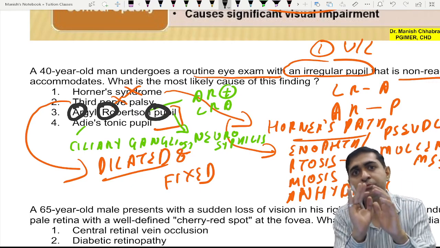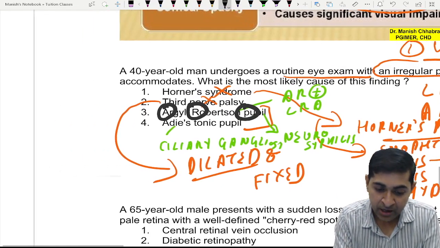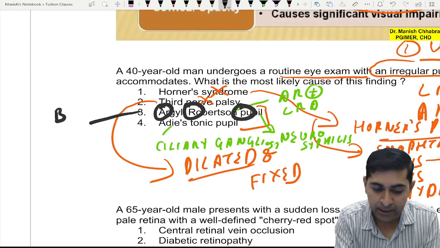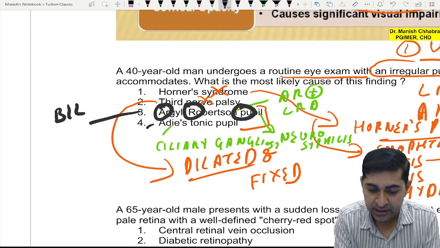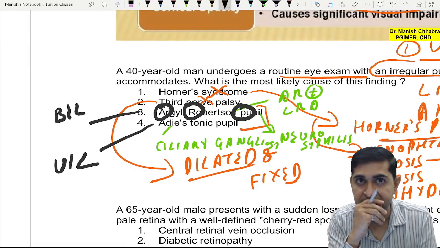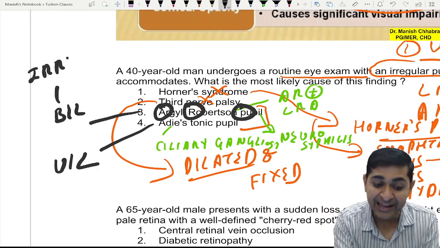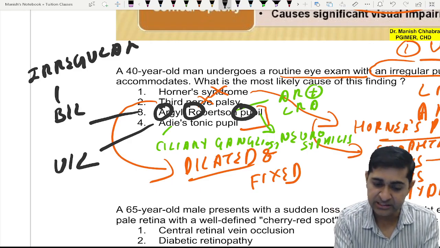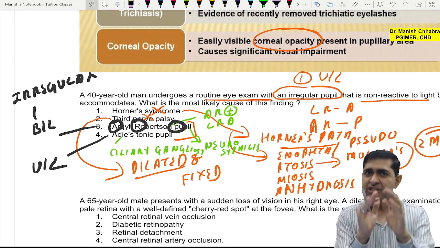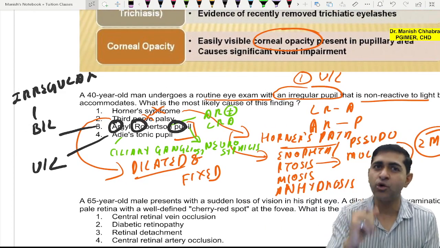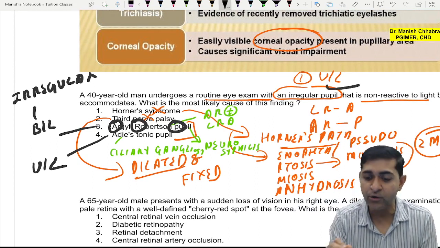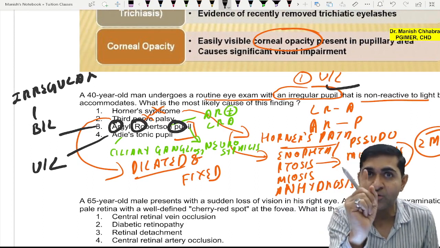In Adie's tonic pupil, this also happens. But Argyll-Robertson pupil is a bilateral condition and this is a unilateral condition. In Argyll-Robertson pupil, the pupil may also be irregular. Yes, but there can be a small controversy because they have said irregular pupil, meaning they are talking of one eye.